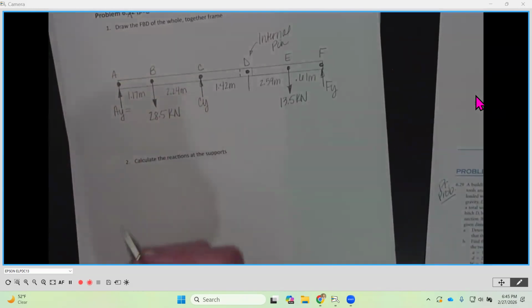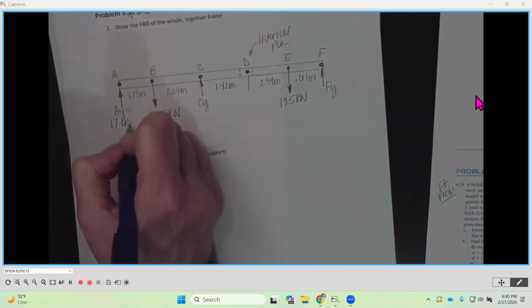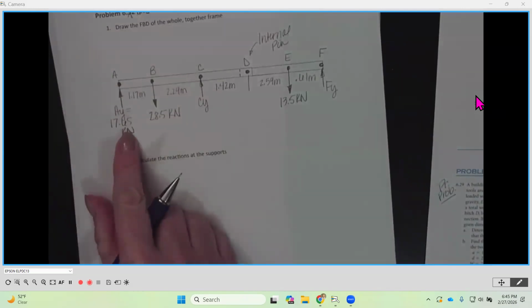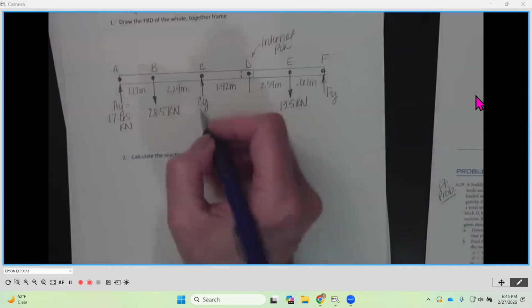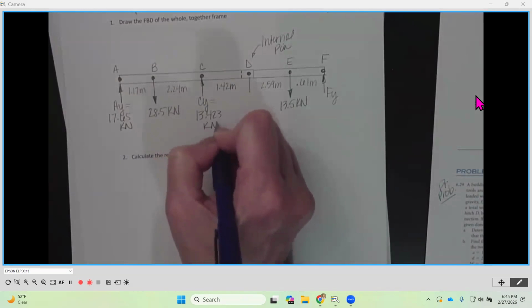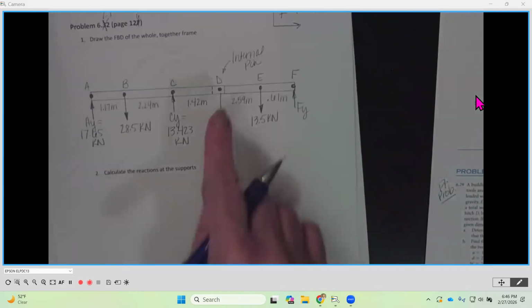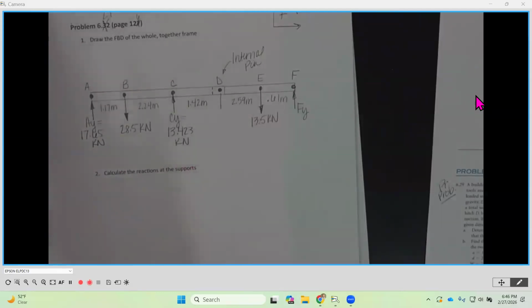So on my truck, I just calculated AY. This was 17.65 kilonewtons, right? My CY, 13.423 kilonewtons. My DY remains internal, remember? So when this is together, I don't put this in the free body diagram, okay?